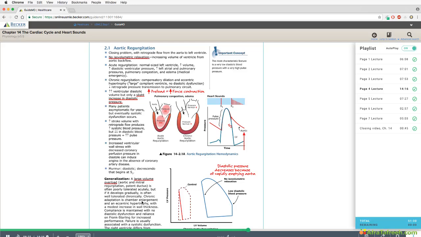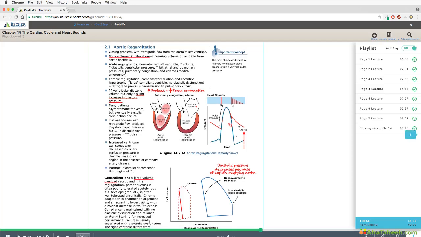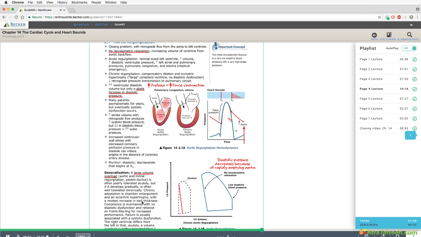It is not that threatening if it develops gradually. Because it is not that threatening, the ventricle develops an eccentric hypertrophy. In an eccentric hypertrophy, you only have a modest increase in wall thickness. Compliance is maintained. There is no diastolic dysfunction. Failure usually is associated with a systolic dysfunction.